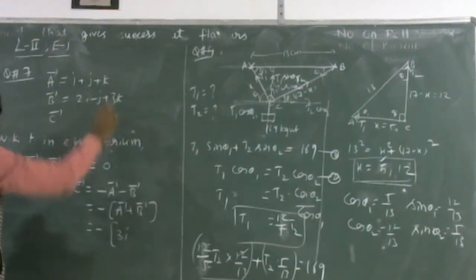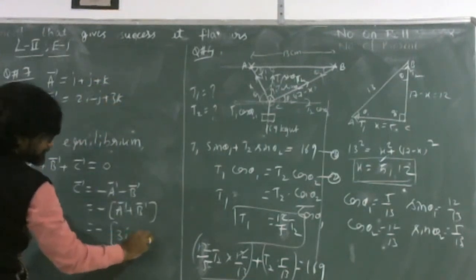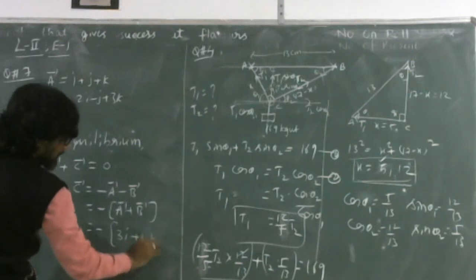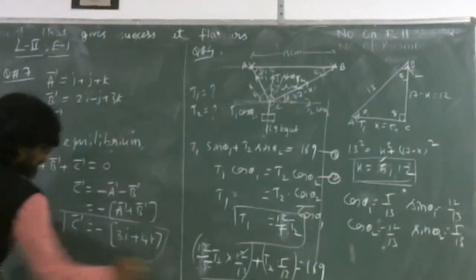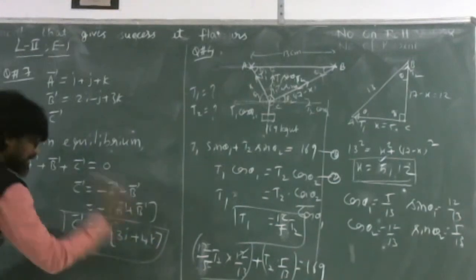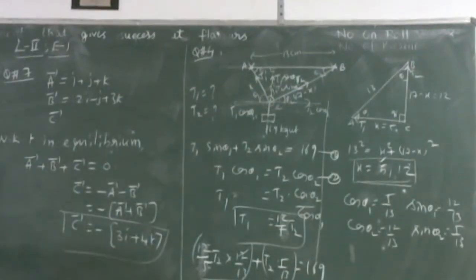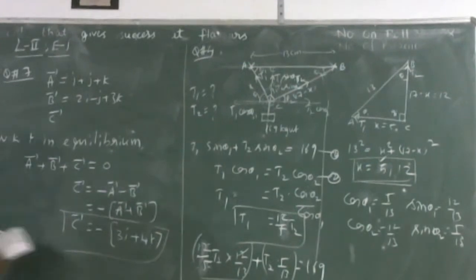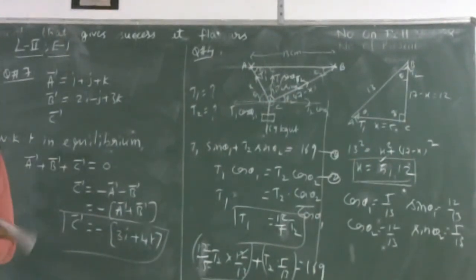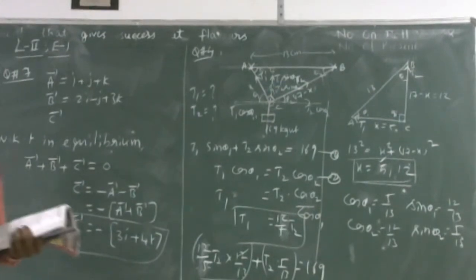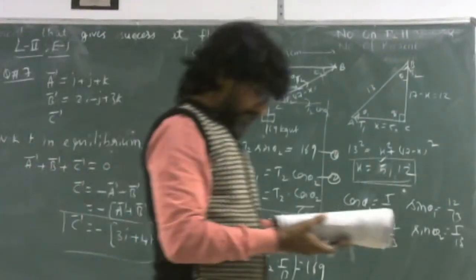K plus 3K is 4K. So minus of 3I plus 4K is your C vector, or you can write it as minus 3I minus 4K. Which option is right? First option. That's it. Simple, if you remember the condition for equilibrium.